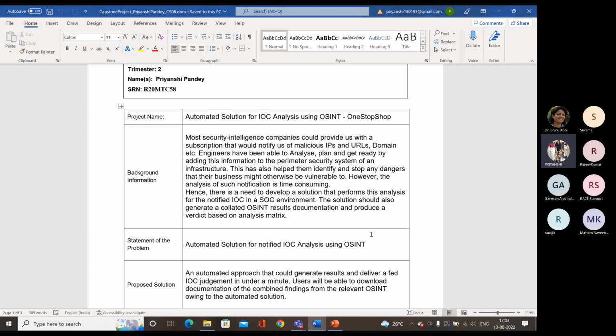If I know my IOC is malicious, I know the next step is to send it to the proxy team to block it. When I have everything in less than a minute, this reduces a lot of the time that goes into letting the proxy team know that this is malicious.